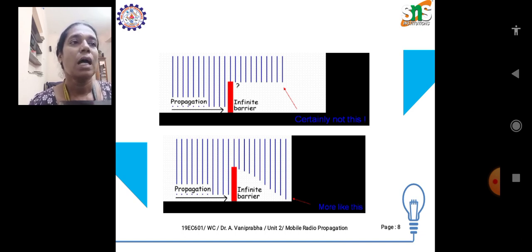Once the diffraction occurs, the waves start bending. This picture clearly replicates the way of propagation, how the wave gets influenced due to diffraction effects. Thank you.